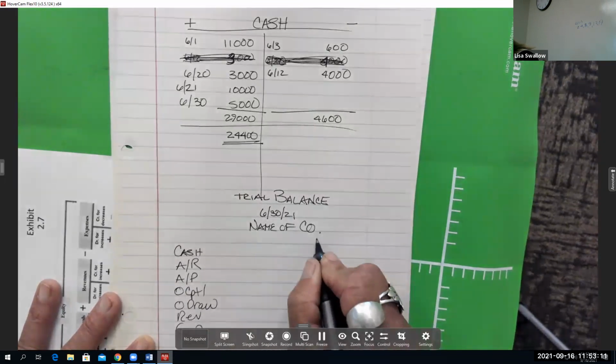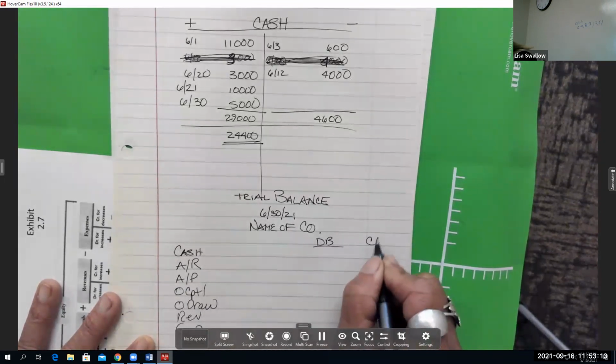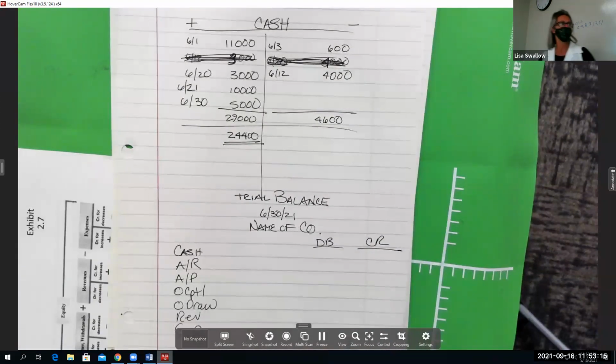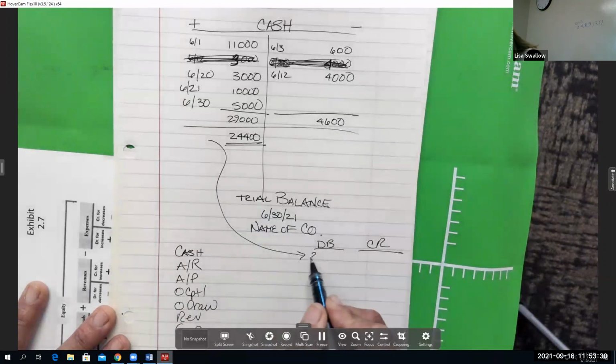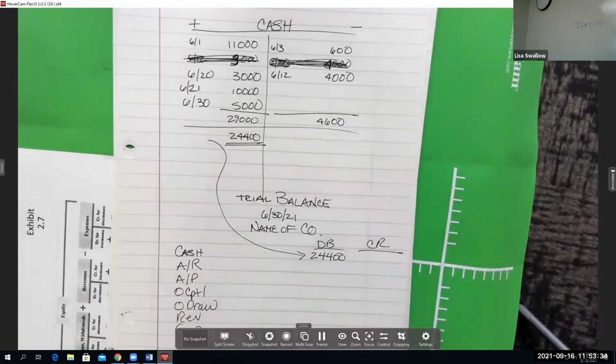And I'm going to put a debit and a credit. And I'm going to write down the balance of every single account, and then I'm going to balance it out. And I can't do my financial statements until my trial balance is in balance.